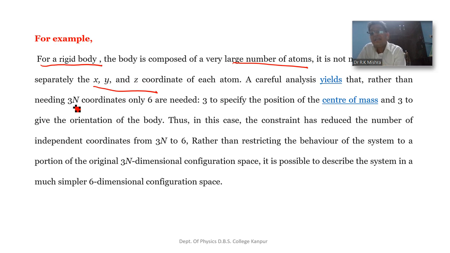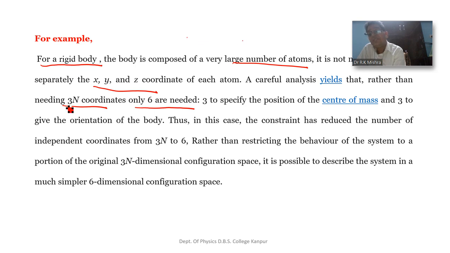Just like an n particle system requires 3n coordinates, but there is a constraint that particle separation cannot be changed. So due to the restriction, only 6 coordinates are needed. 3 for one particle, 3 for the other.